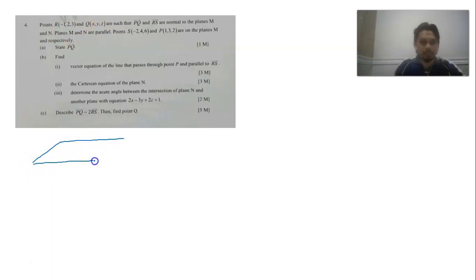Next question. Points R (-1, 2, 3) and Q (x, y, z) are such that PQ and RS are normal to the planes M and N, and planes M and N are parallel. Just imagine this is the plane of M and also the plane of N, like the surface of this book is one plane.